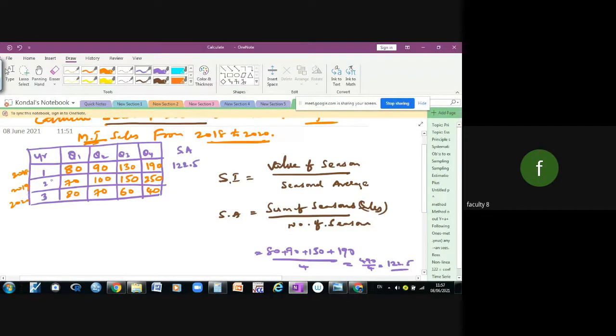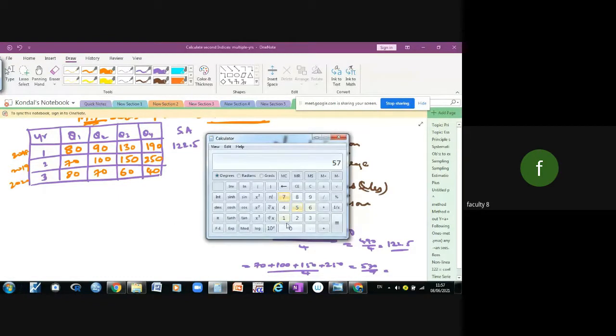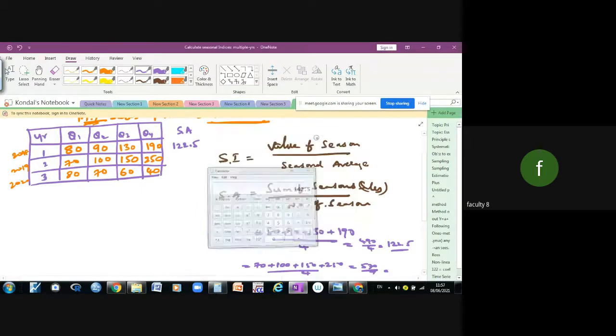Then, the same thing, calculate the seasonal average for 2019: 70, 100 plus 150 plus 250. That is 300, 400, 500, 570. 570 divided by 4 is 142.5.